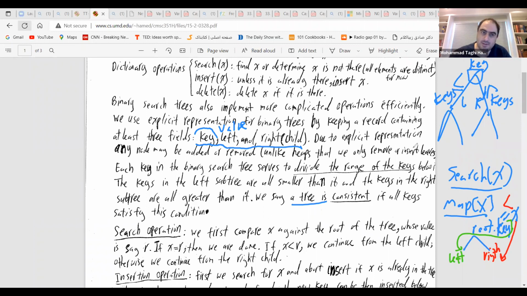Now, what about the insert operation? For insert, again, you can consider, say, map of X is equal to 10 or some value. Then it is exactly like search. So insert is the same as search.